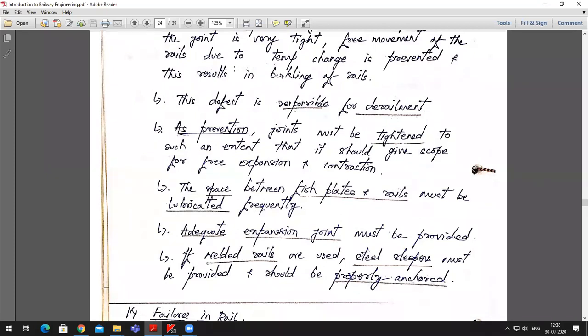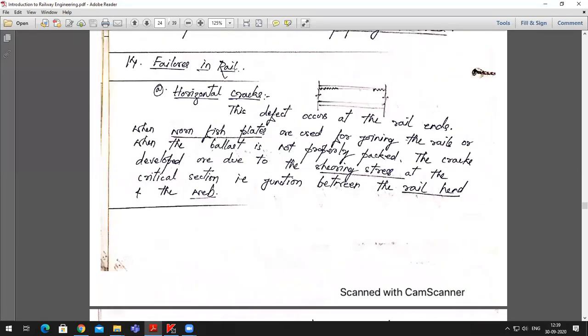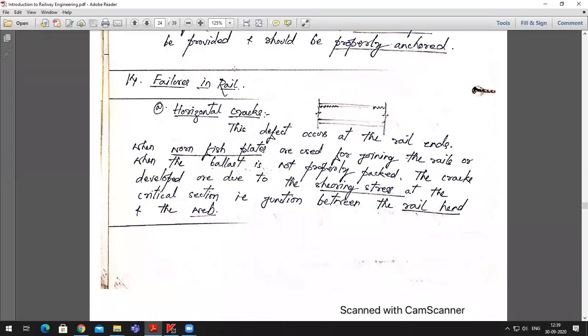You can show a line sketch after that of how it would look like. Then you should discuss the causes, and finally the remedial measures. These are the things expected by an examiner when the correction is being done. You need to refer to the textbook also for further things.